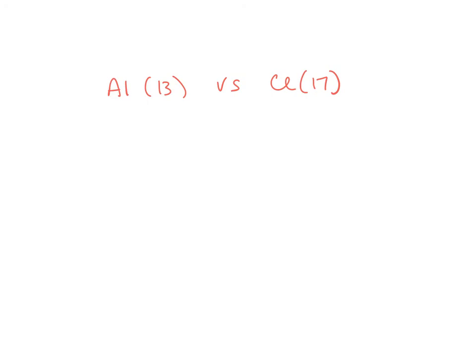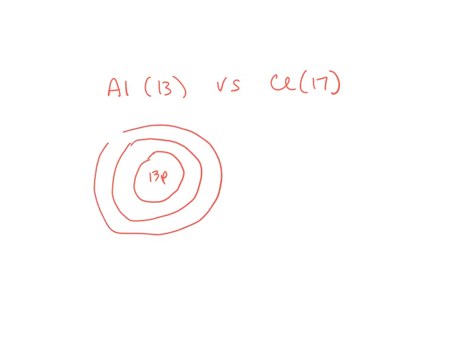So let's see, the argument goes this way. Aluminum has got 13 protons in the center, and then the electrons, there's a total of 13, so that would be 2, there's going to be 8, and this one that's 10, and then this is N equals 3 out here, so 1, 2, 3, 4, 5, 6, 7, 8, and then there's 3 more, 1, 2, 3.